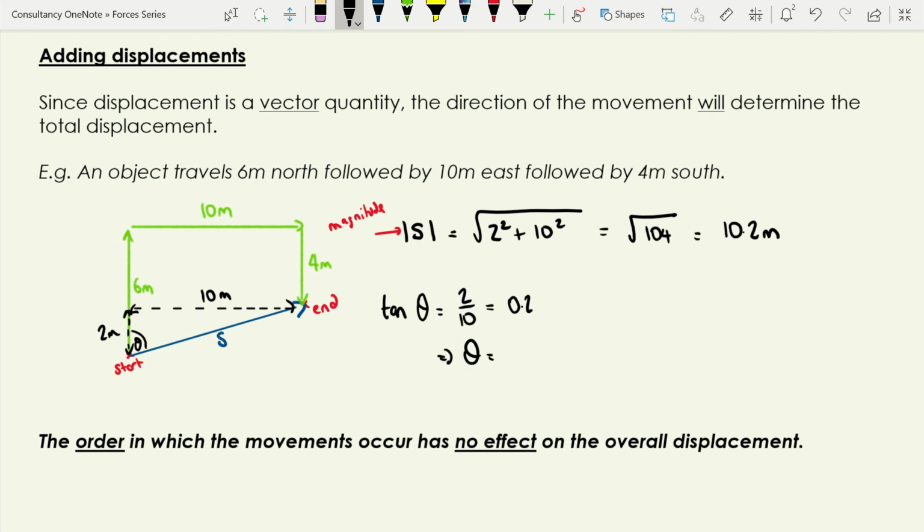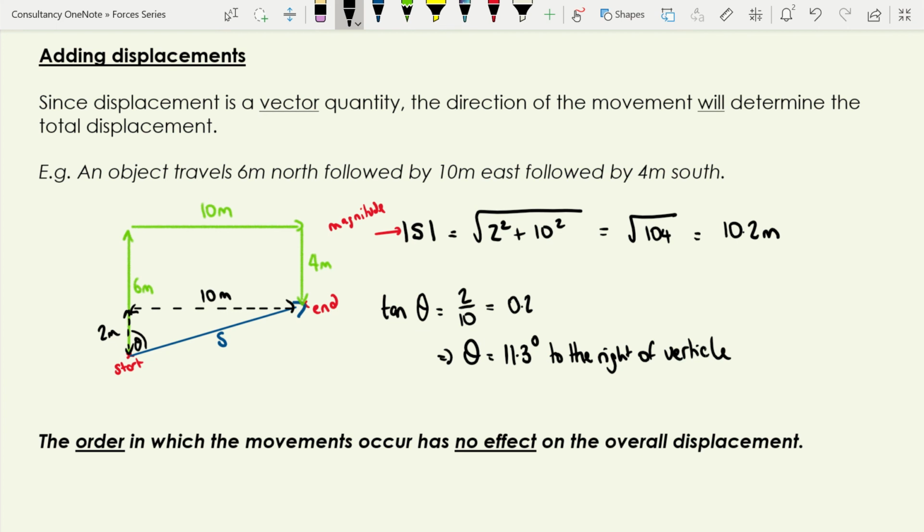Which means that theta is equal to the inverse tan of 0.2, and that's 11.3 degrees there, to the right of vertical. So our overall displacement is 10.2 meters, 11.3 degrees to the right of the vertical. That would be how we describe the displacement.